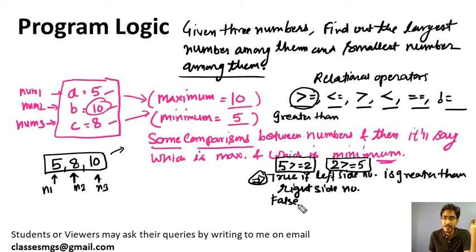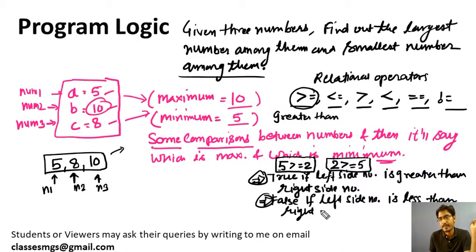It will return false if the left side number is less than the right side number. See here, the left side number is 2, the right side number is 5.